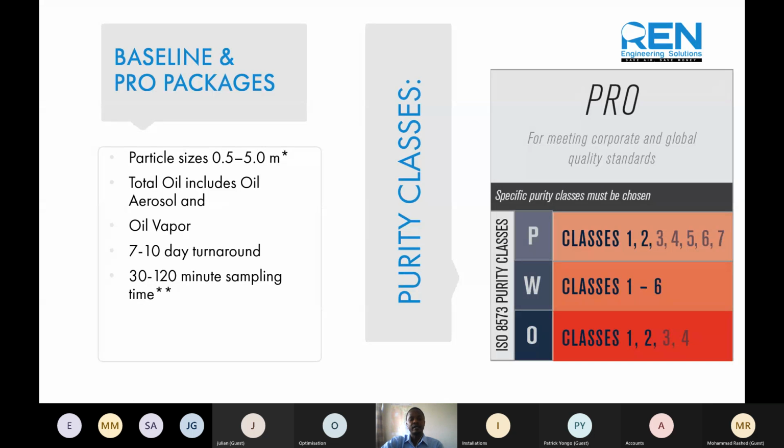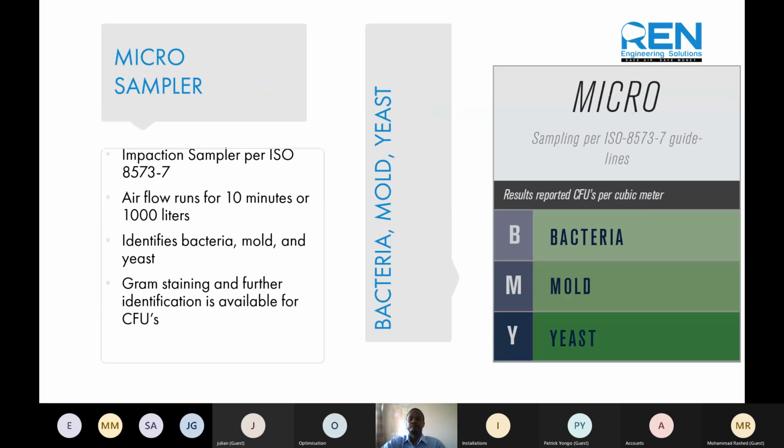And again, these are things we can discuss with you during the actual test or when we send you a proposal for quality testing. If you want to take a sample for class 3 to 5, then the duration will be shorter. So the duration of testing is determined by the volume of air that needs to run through the sampling equipment for you to be able to test for a certain quality of air.